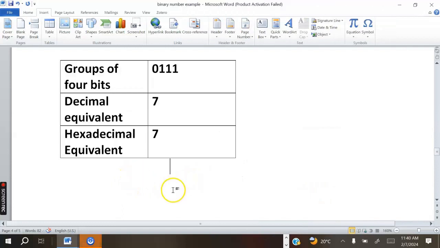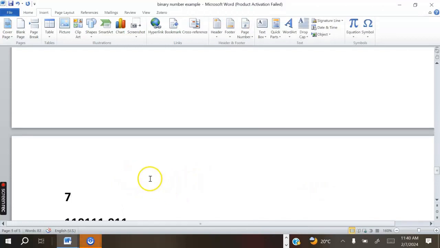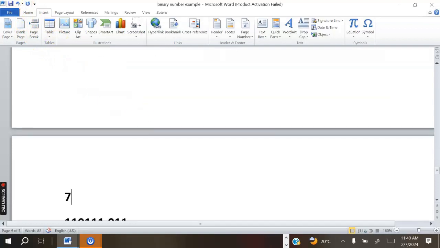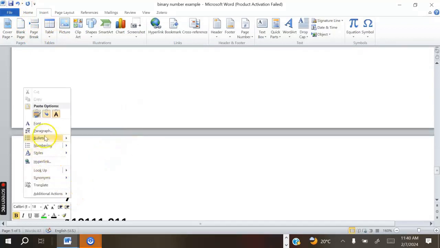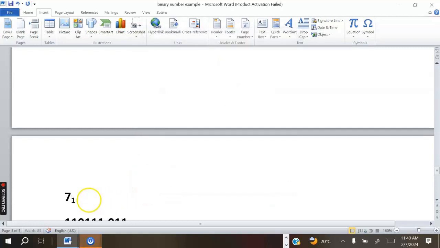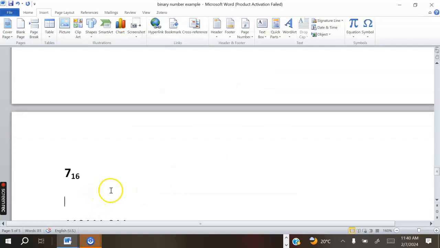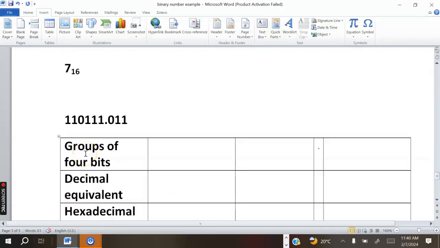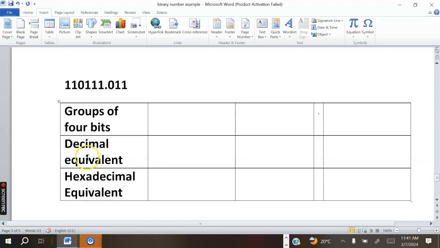So my answer will be 7, then the base is supposed to be 16. So that is our answer for the equation.